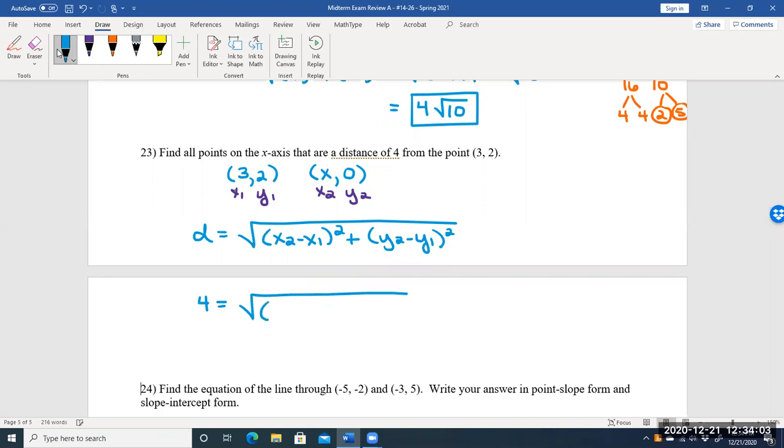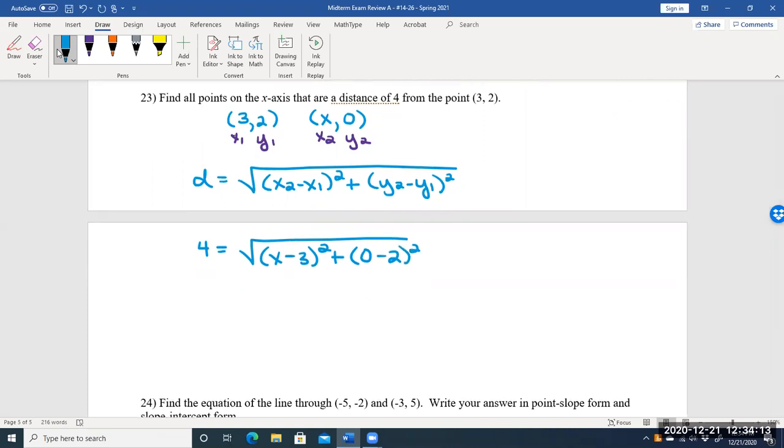So we've got (x minus 3) quantity squared plus (0 minus 2) quantity squared. That's under our square root. So we have 4 equals the square root of (x minus 3) quantity squared plus 4. And that's because 0 minus 2 is negative 2, and negative 2 squared is 4.